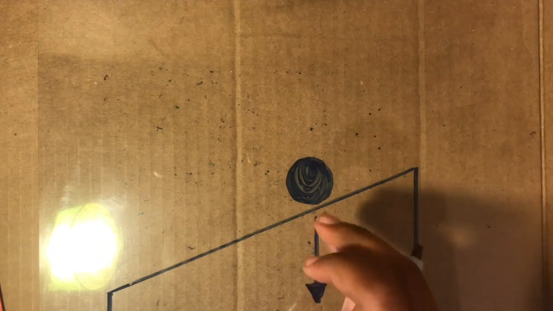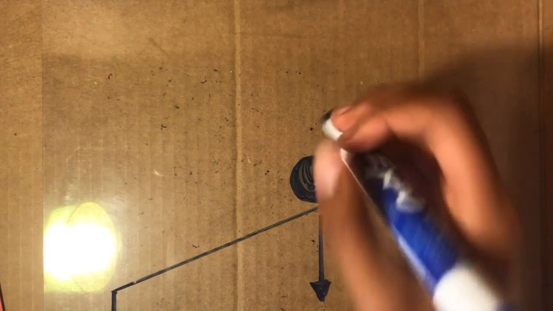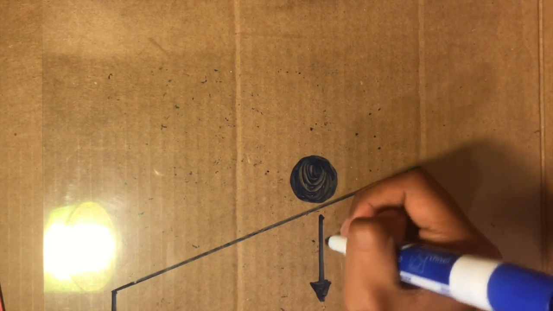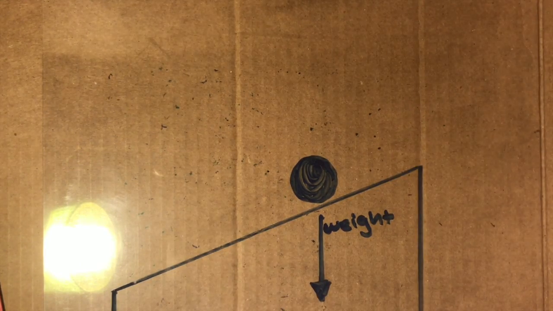And now what is the magnitude of this vector? Well, the way we are going to use it, the magnitude of this vector is just going to be whatever weight the ball is. So I'm going to say weight. And this one is weight and not mass because we are dealing with gravity here.